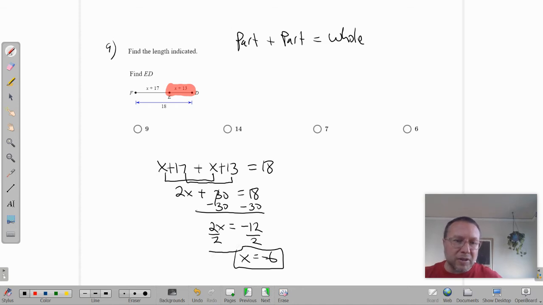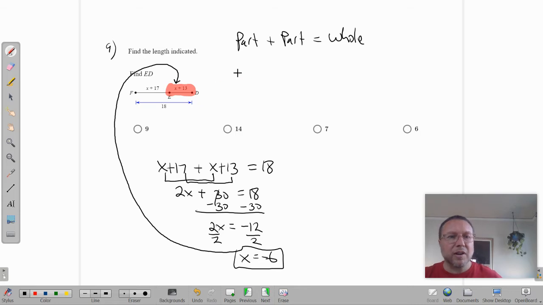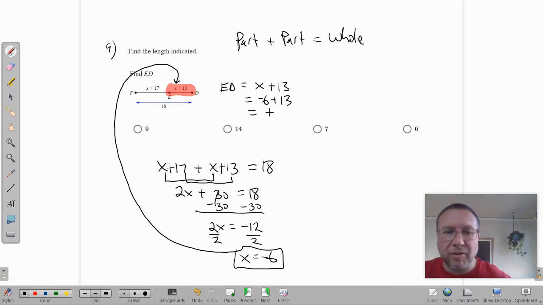So I'm going to take negative 6, and I'm going to go all the way over here. And then ED is x plus 13, but I'm going to plug in negative 6 for x. So I'd have negative 6 plus 13, which is going to be equal to 7. So ED would equal 7.